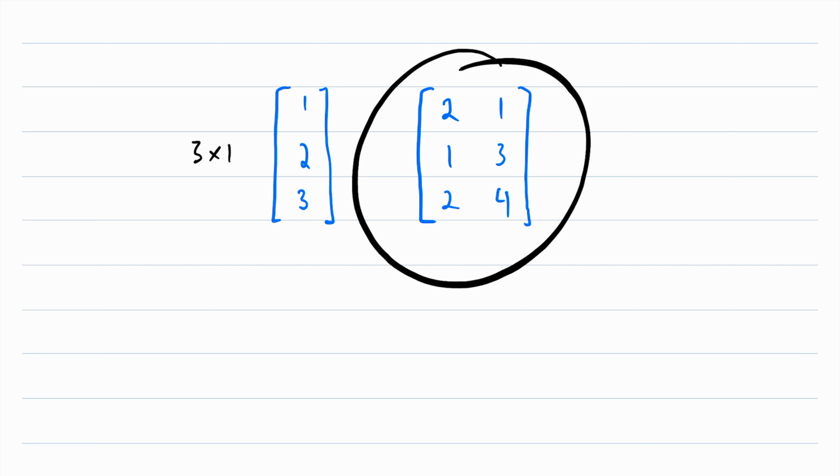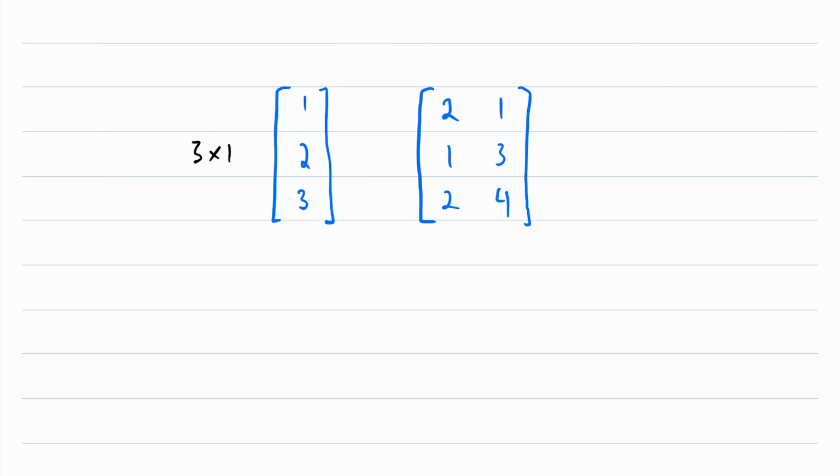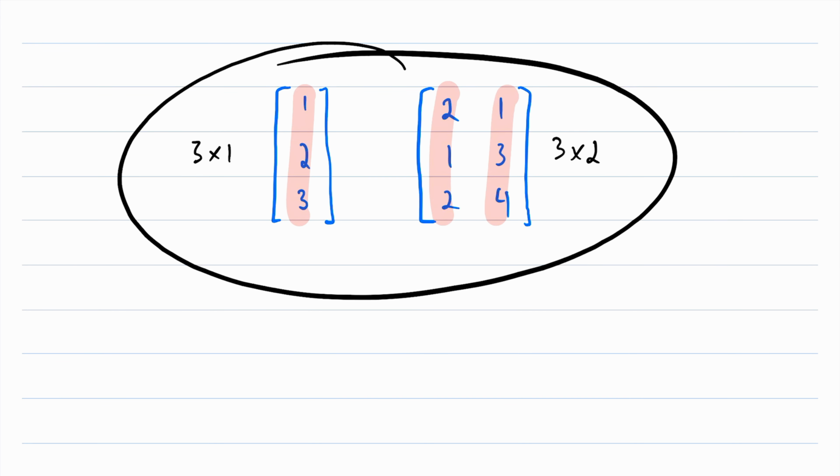However, the dimensions of this matrix over here are 3 by 2, because of course it has 3 rows and 2 columns. So in order to add matrices, the matrices we're trying to add need to have the exact same number of rows and the exact same number of columns. We see that's not the case here, so we can't add these matrices.